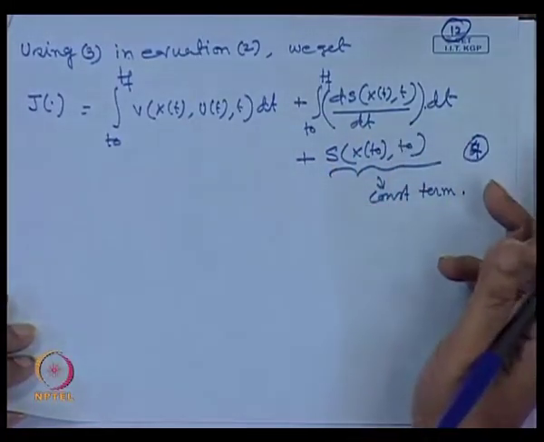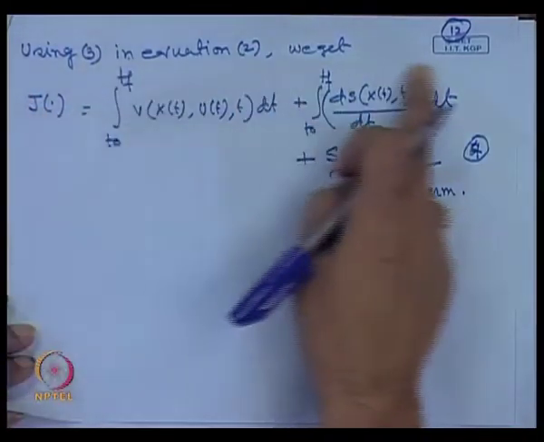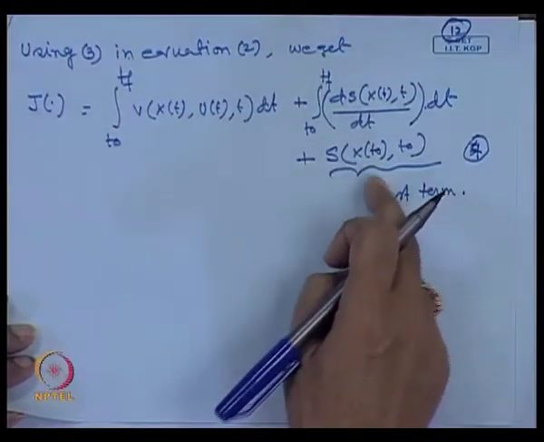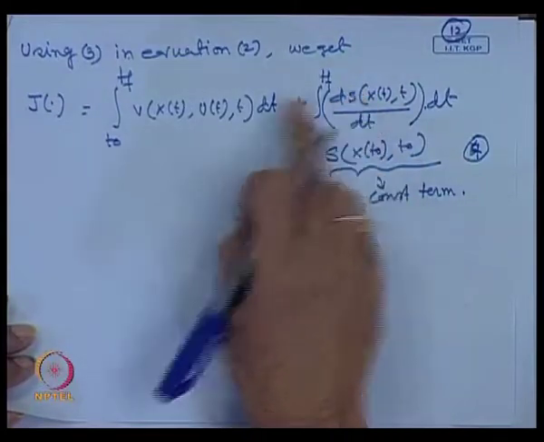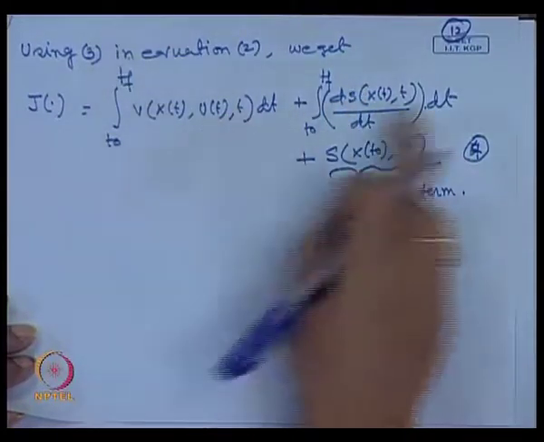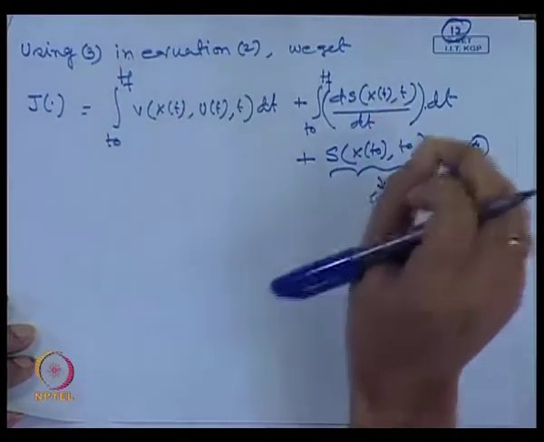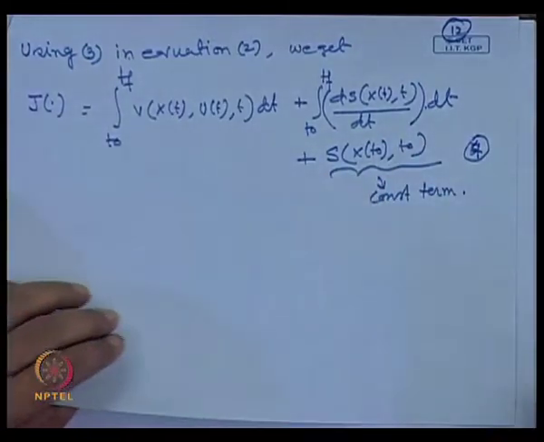So, minimization of 4 is equivalent to minimization of this integral part, because of the constant term. At what trajectory of u of t will this function be minimum, with the constant term also? At that value u star, or trajectory, the function will be minimized.